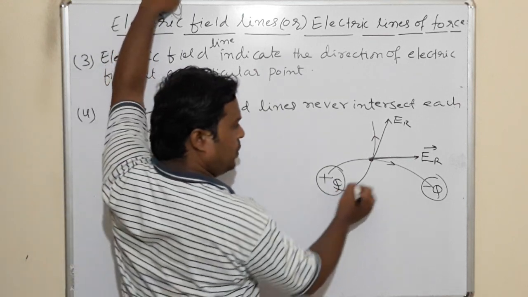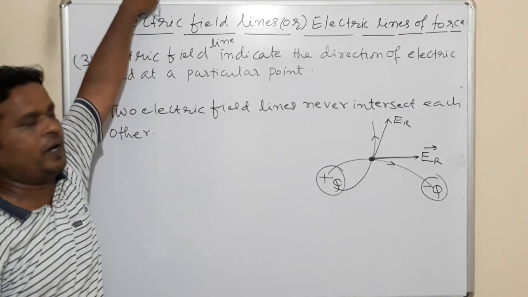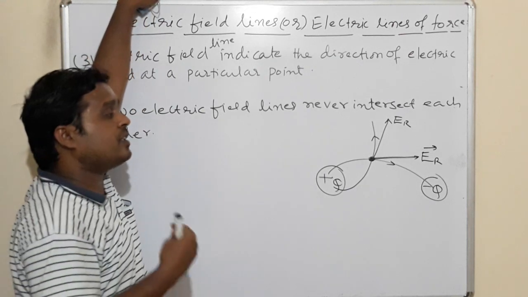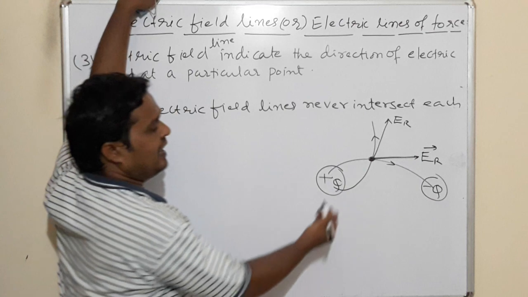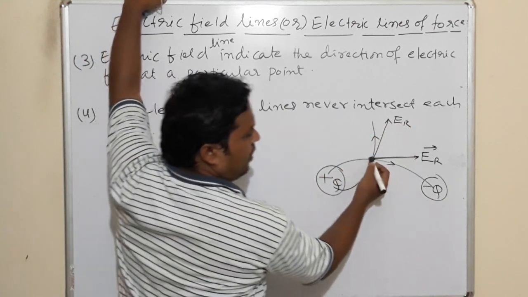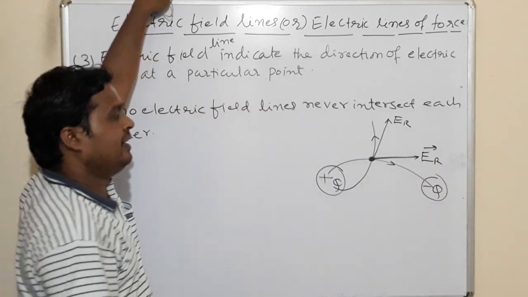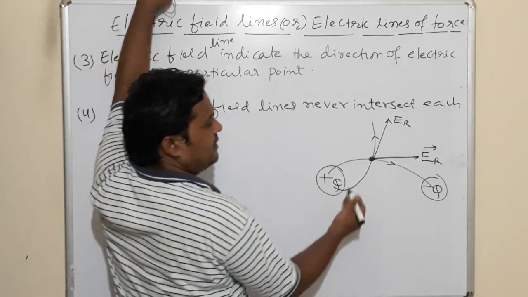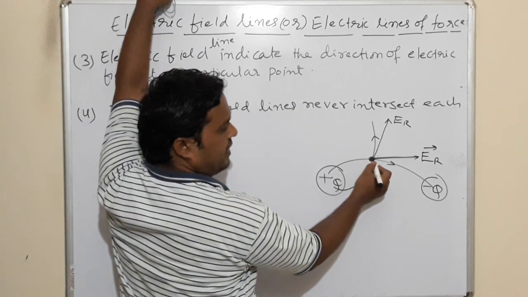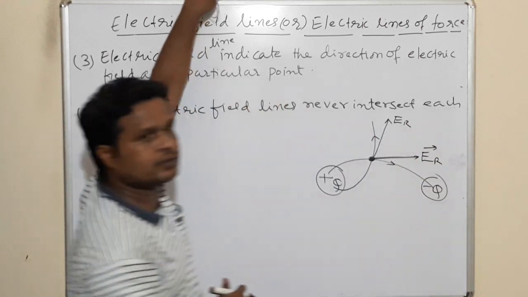That means if two lines intersect at a point, what does it mean? It means that at this point, according to this line there is one field, and according to the other line there is another field, that is, another direction. It means that at the point of intersection, the electric field has two directions.